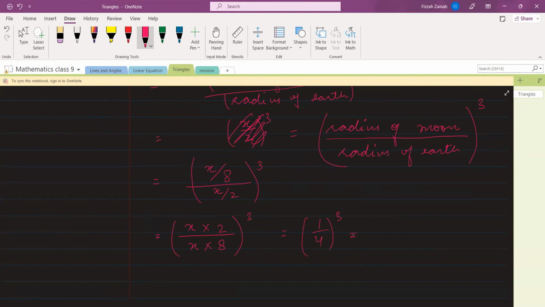So that means again, you can write it like this, 1 cube upon 4 cube if you wish. So it will be 1 upon 4 into 4, 8, and 8 into 4 is 64. Is that clear?